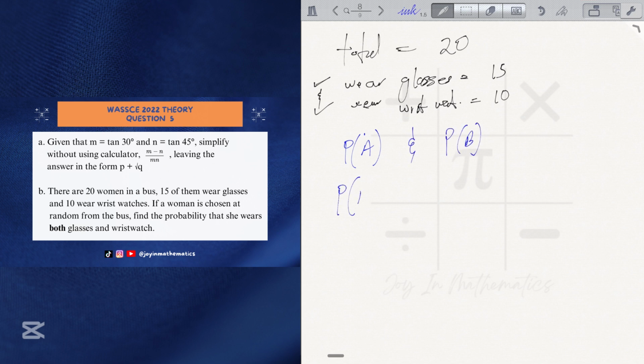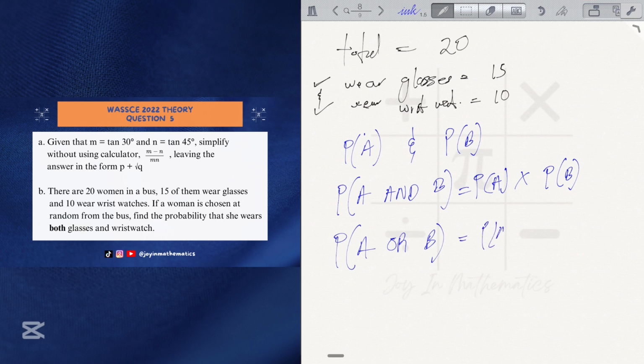The probability that both events happen at the same time, that's "and", will be the probability of A multiplied by the probability of B. Similarly, the probability that either event occurs, at different times, is equal to the probability of A plus the probability of B.